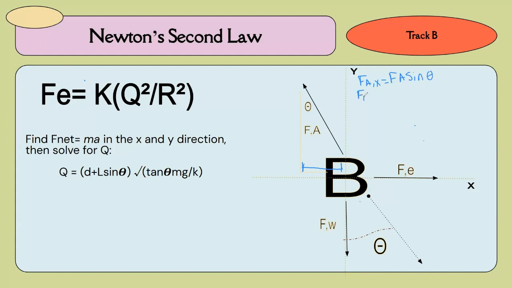Then the force applied in the y direction is equal to Fa cosine theta in the y direction. So we know that Fe is equal to Fa sine theta. That's Fe right here.